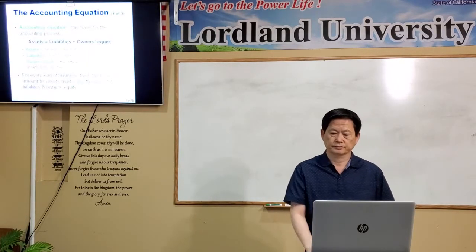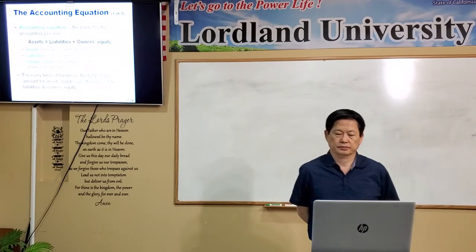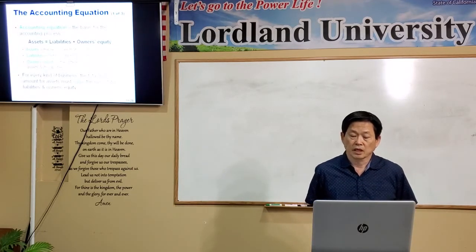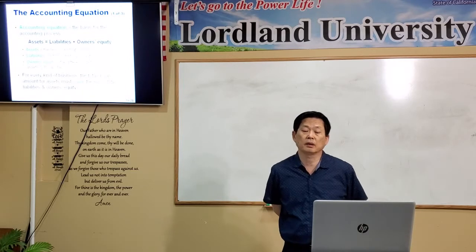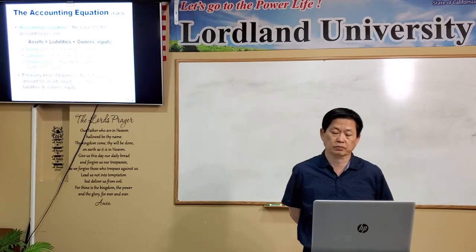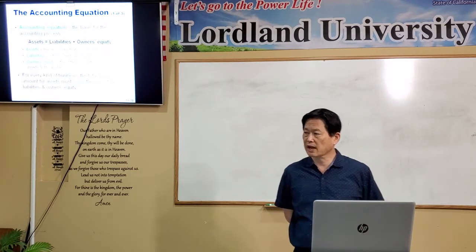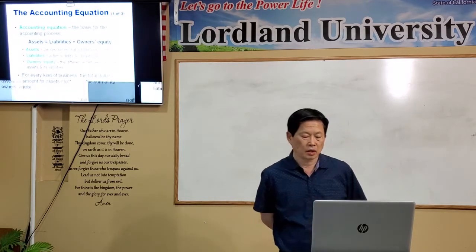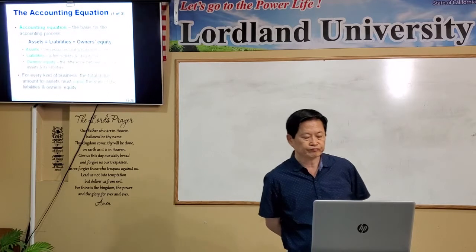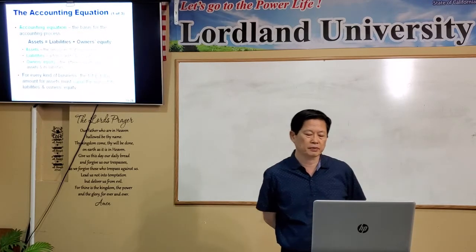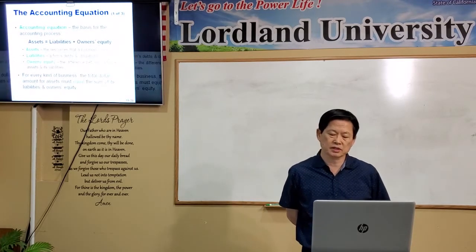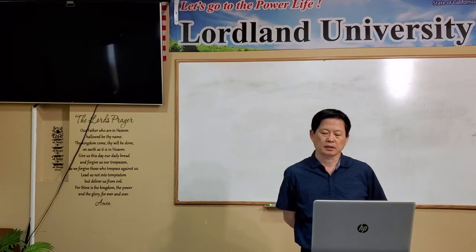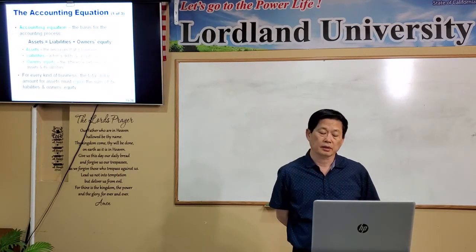Okay. Accounting. The accounting equation is the basis of the accounting process. The left side of the balance sheet is assets. The right side consists of liabilities and owner's equity.